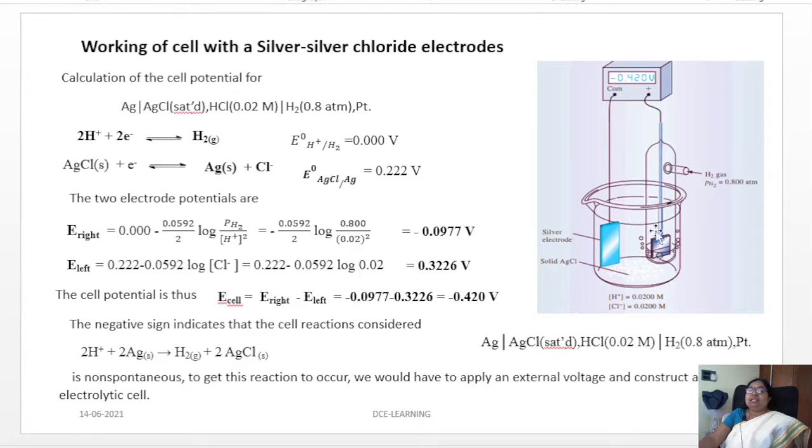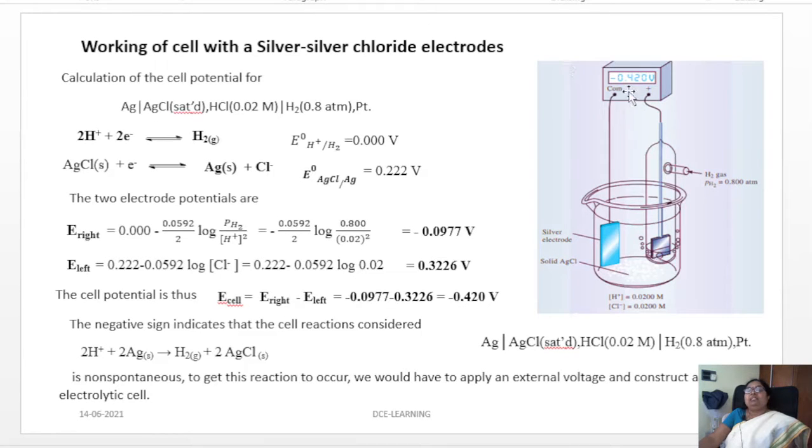The overall cell EMF is equal to E right minus E left. Therefore E right, which is the standard hydrogen electrode, is equal to the EMF of 0.0977 minus 0.226; that is a minus of minus, therefore you have to add, so you get minus 0.420 volts.